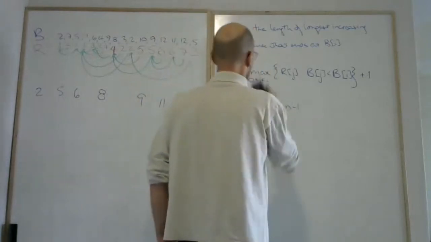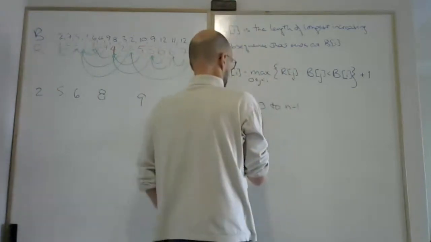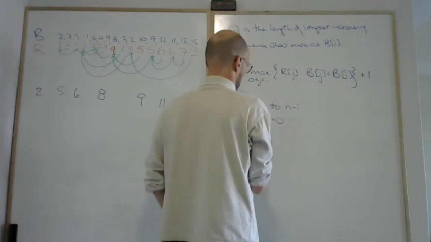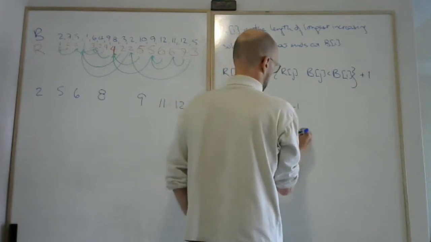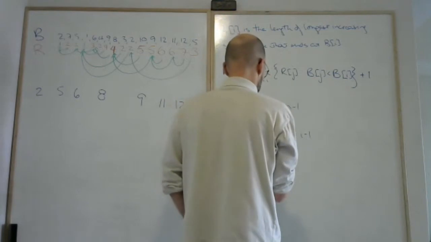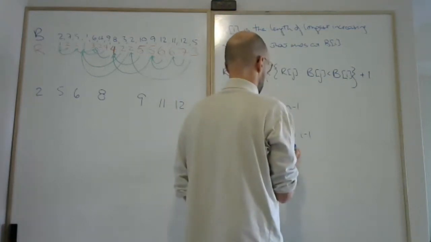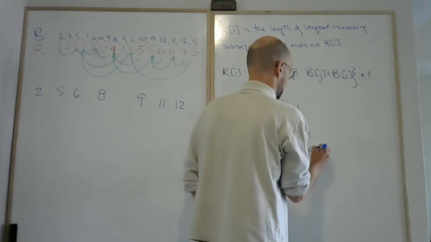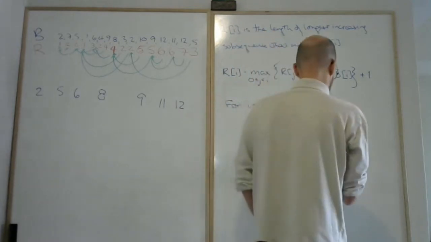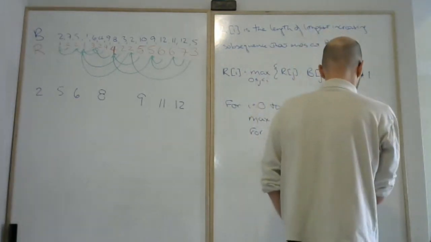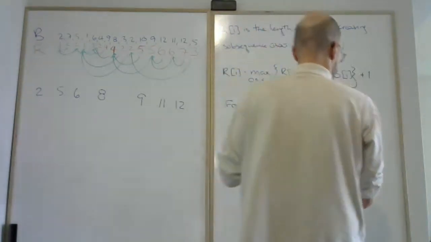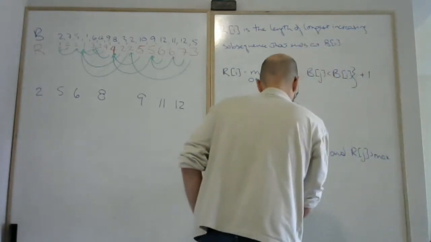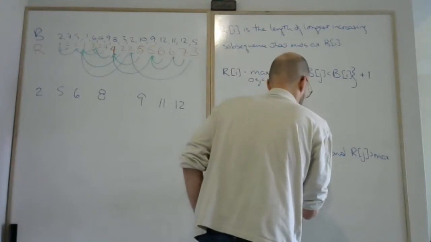So max equals 0, for j equals 0 to i minus 1, if bj less than bi and rj greater than max, max equals rj.